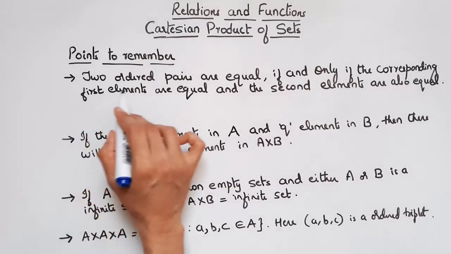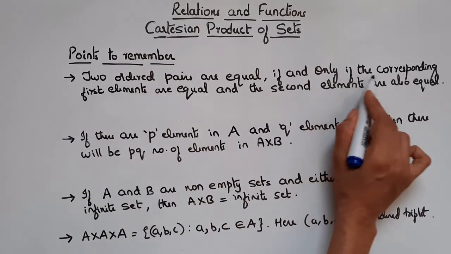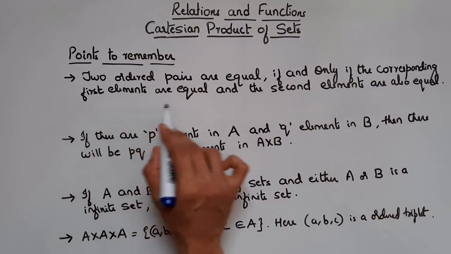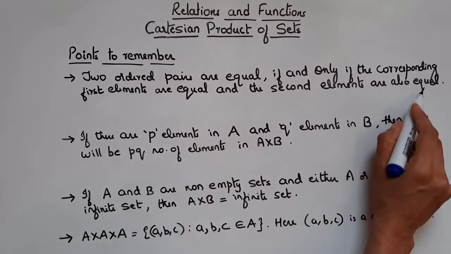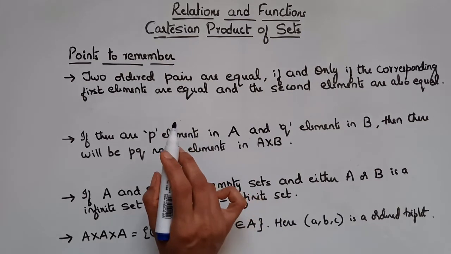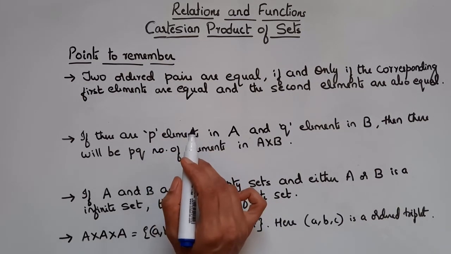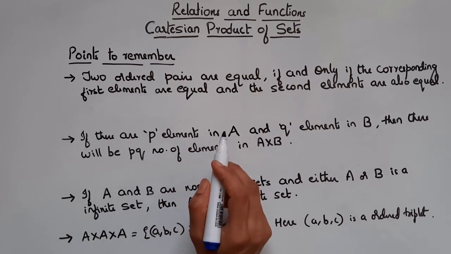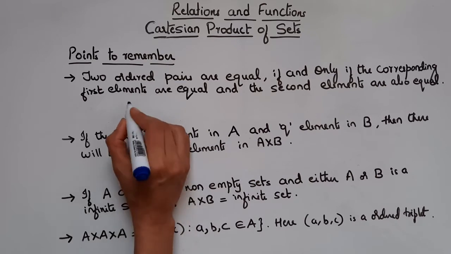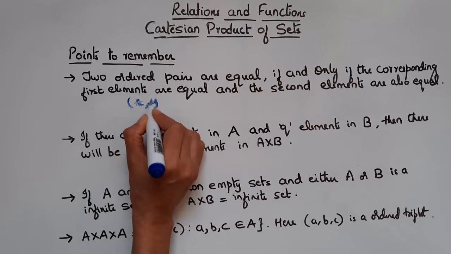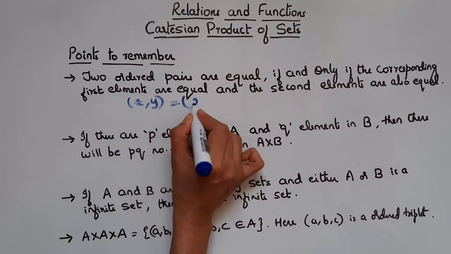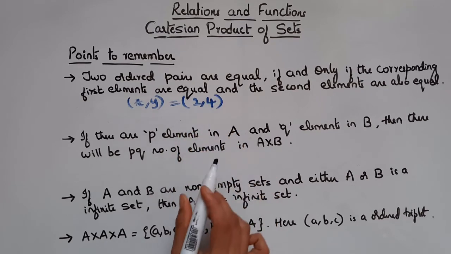Here it says two ordered pairs are equal if and only if the corresponding first elements are equal and the second elements are also equal. Say for example, we have an ordered pair (x, y) equal to (2, 4).